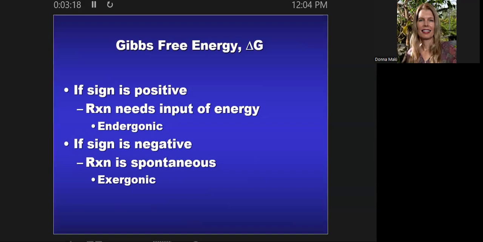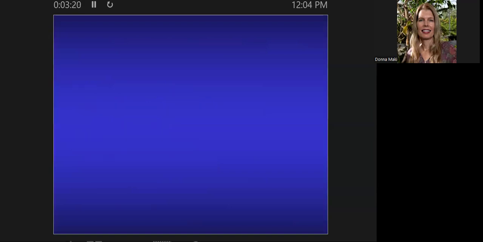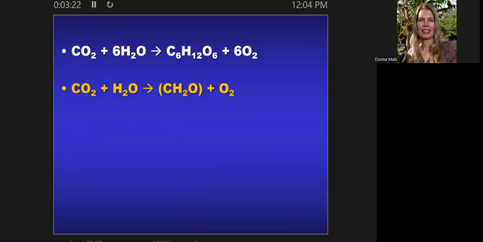So when you look at the overall photosynthesis equation, going back to that, if you calculate the thermodynamics to get CO2 fixed into or reduced into sugars, that's definitely a positive delta G. That just doesn't spontaneously happen.